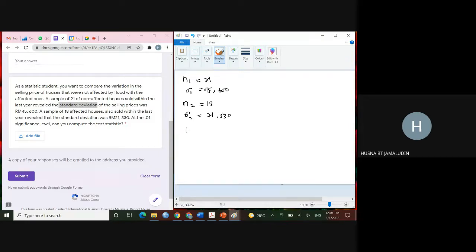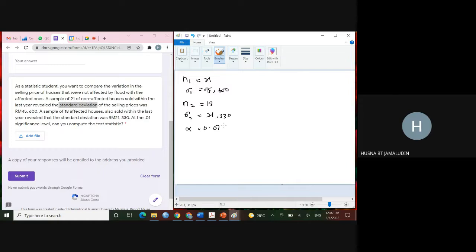Okay, so what is this 0.01? This is your alpha. Okay, so can you compute the test statistics? Does this question ask you to solve all the problem? No. So just answer the question straight away. When you read all these things, make sure that you read the question.